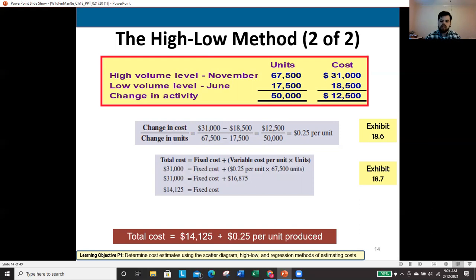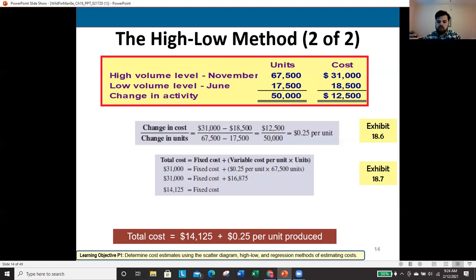Well, now I can plug this back into either formula, and I've got total cost in one case. For November, I had total cost of $31,000. And we remember that total cost is essentially made up of two pieces. Part of that is fixed, part of that is variable. So what we just figured out was that in the month of November, we produced 67,500 units.